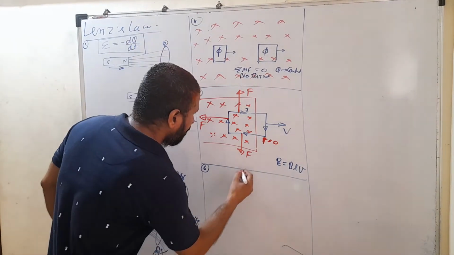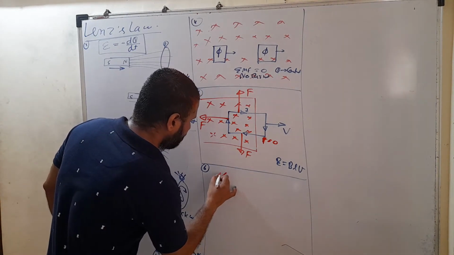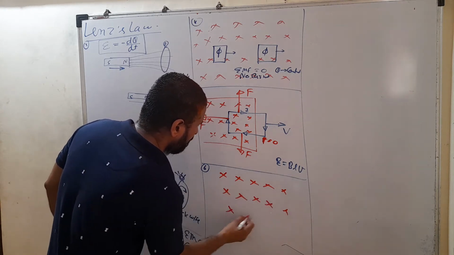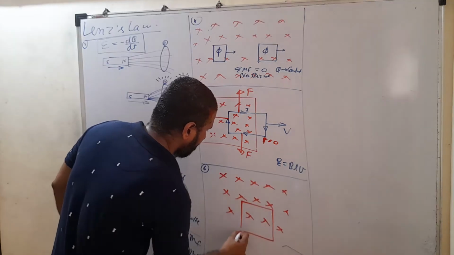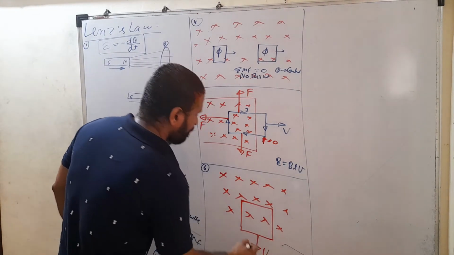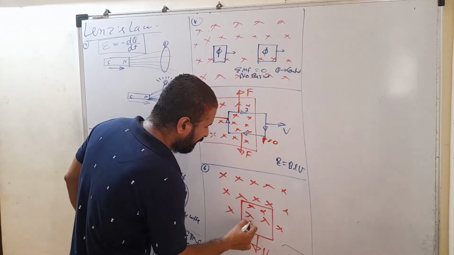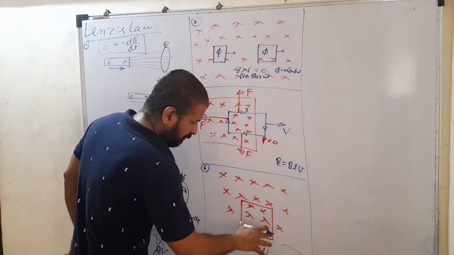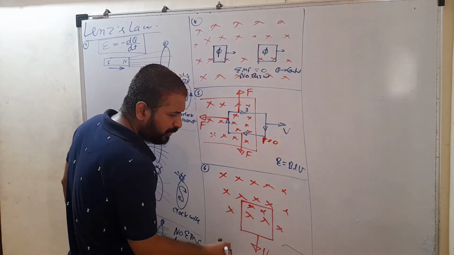And the same case, if you are observing the downward direction, that was your doubt. These are the magnetic lines. This is your frame. If this frame is moving downwards, again, what are we trying to do? We are trying to decrease magnetic lines which are in inward direction. So when you are pulling this frame outside, we are trying to decrease the cross lines.